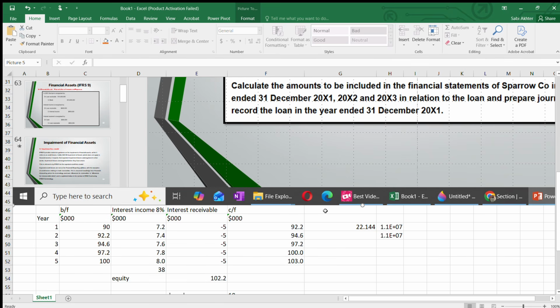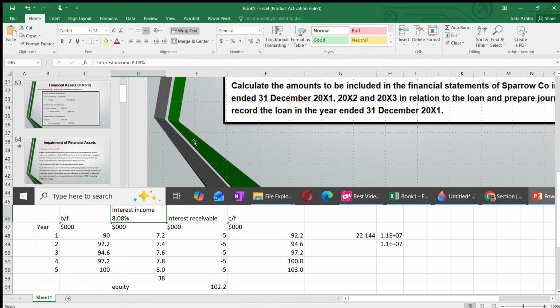So now we are simply going to recognize the movement in the loan balance. Starting with balance brought forward, this is the balance at 1st Jan. Then we have interest, which will be at 8.08%. Then we have interest received and balance at 31st December.